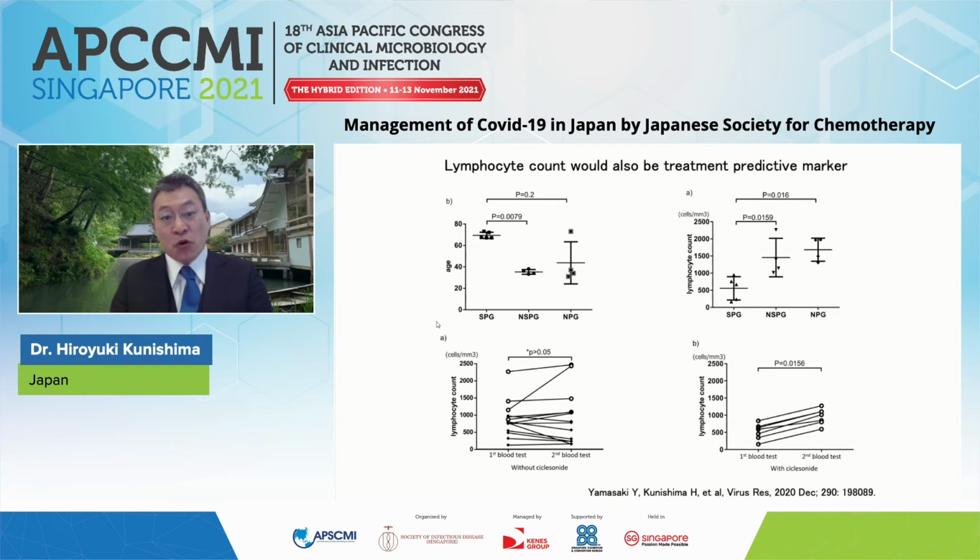It's quite important to determine the patient's severity for COVID-19 treatment. It is well reported that severe cases show depressed lymphocytes and higher levels of CRP, procalcitonin, and D-dimer.